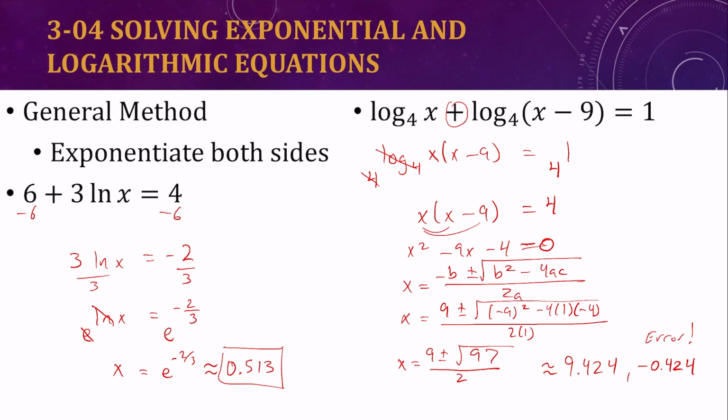Why? Because the domain of logarithms is 0 through infinity. So I can't do this negative. That's an extraneous solution. We only have one solution, and it is the 9.424. The negative one does not work. You cannot plug it in.